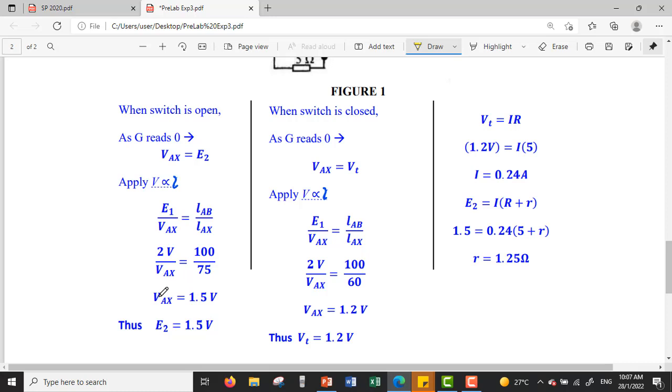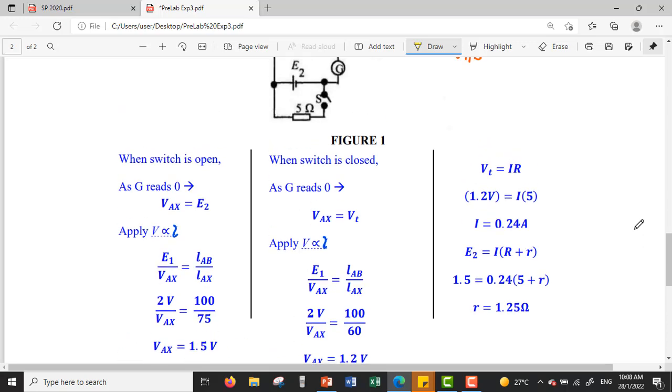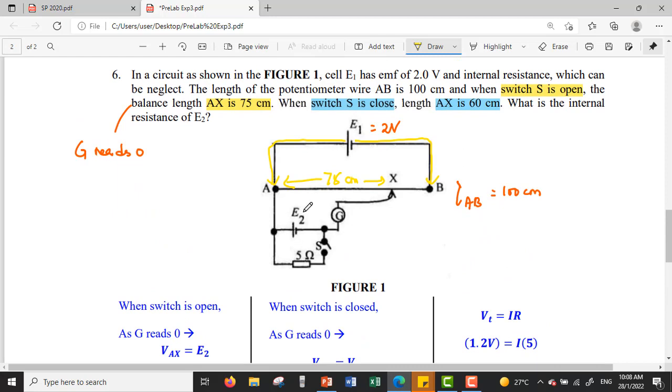We calculate and get the voltage across A to X as 1.5 volt. Since E2 equals VAX, the EMF E2 is 1.5 volt. So we have already determined the value of E2.